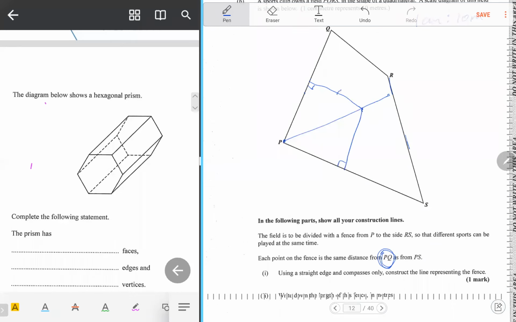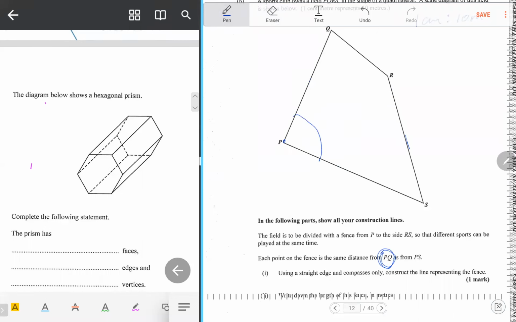So the length here and the length here must be the same, and the length here is the same for the two triangles. And so the angle here and the angle here are the same. Then the line you must draw has to bisect the whole of the angle here. So you're basically drawing a bisector of this angle. That's what you have to construct. The fence must bisect the angle here.